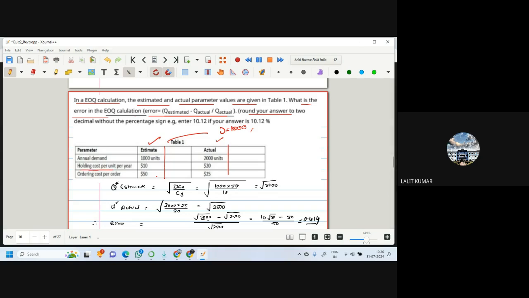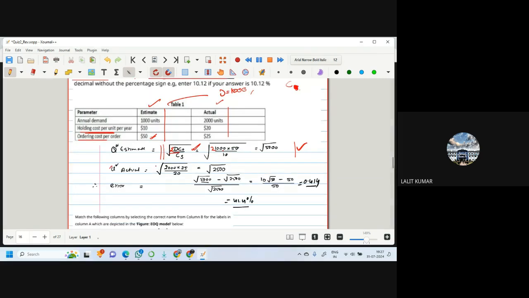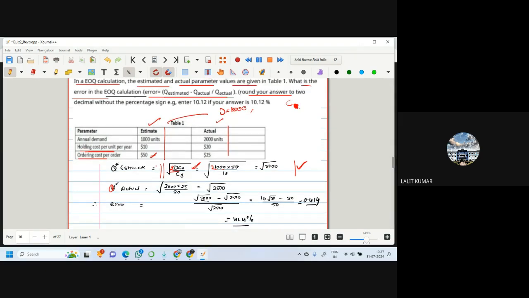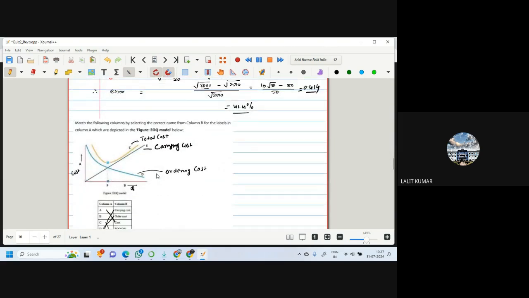Holding cost per year is your CO, and ordering cost is CS. So here directly you find the formula. You use Q star equals root of 2DCO by this. You will find it here, and you get Q actual, and using the formula in the question we find the error. So this we can do.